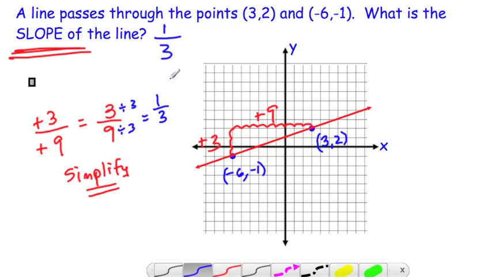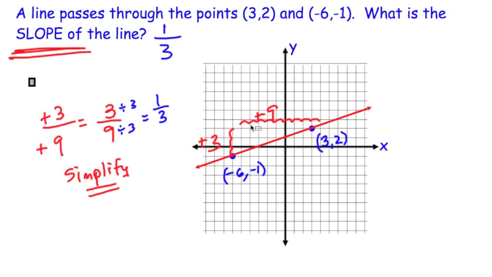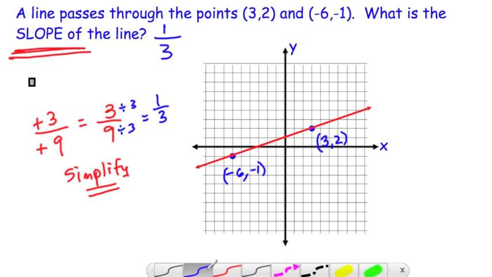We can see that. We counted it out. We could see it. Let's just erase it. Remember, you could always go back and watch it again. Now, you might be thinking, well, how can we go from 3 over 9 to 1 over 3? How can those be the same? Well, here we go.